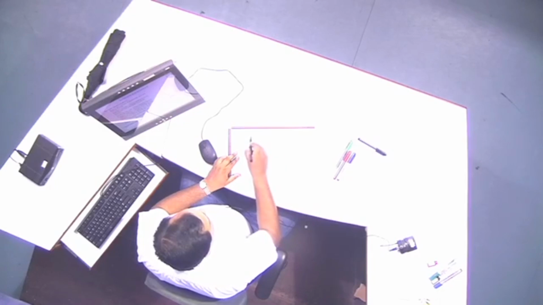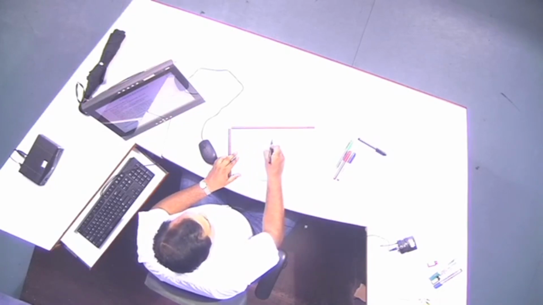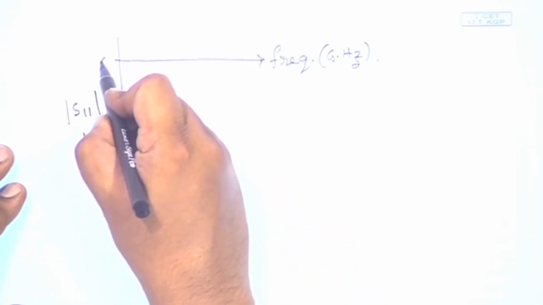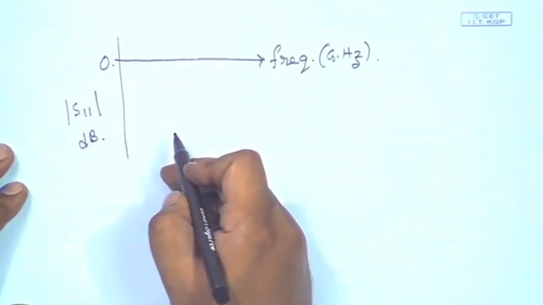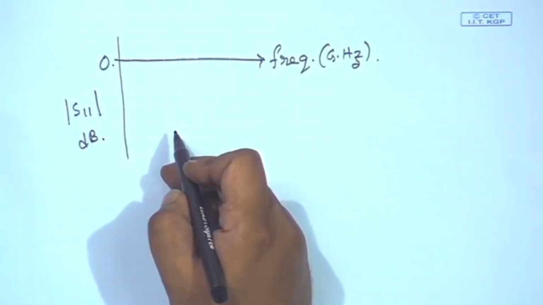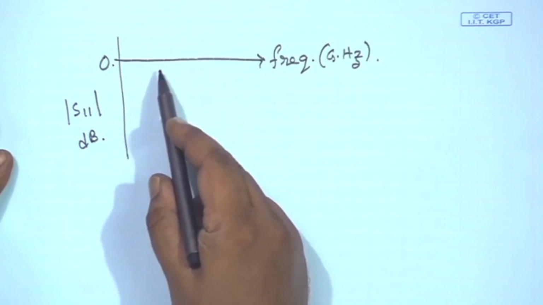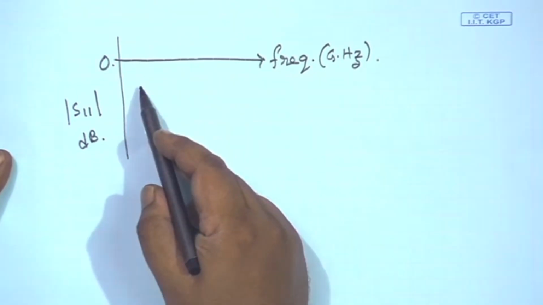So, let us take one example. If I plot frequency, let us say in gigahertz, versus S11 in decibel scale: if S11 is 0 dB, that means whatever power I am feeding to the antenna is being reflected back, 100% of the power is reflected back to the source.